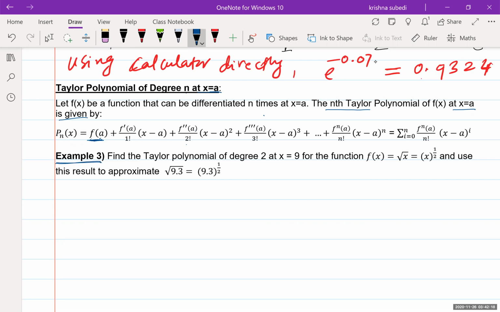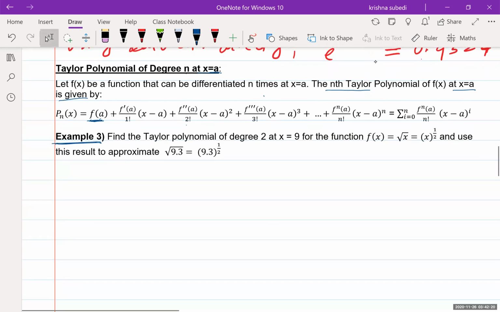Now let's look at example 3. Find the Taylor polynomial of degree 2 at x equals 9 for the function f of x equals square root x, and use this result to approximate the square root of 9.3. All right.